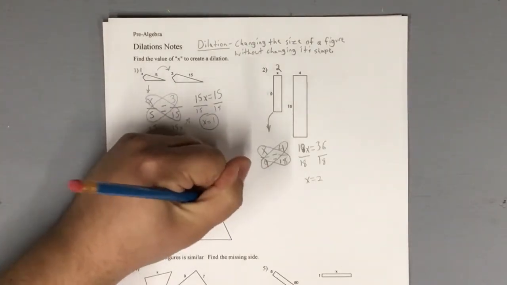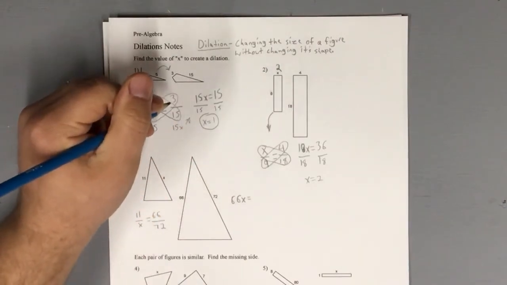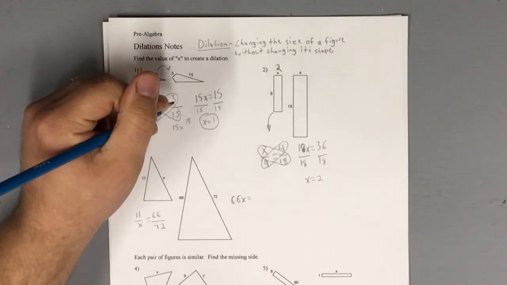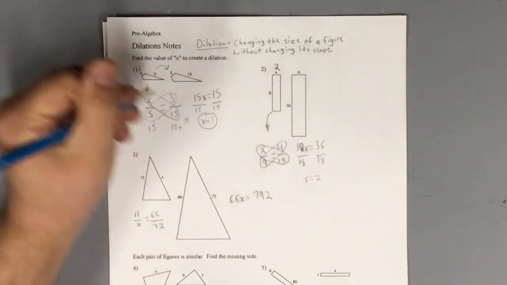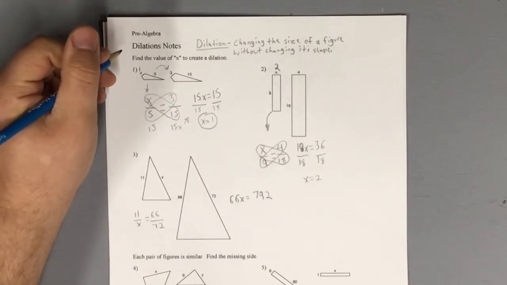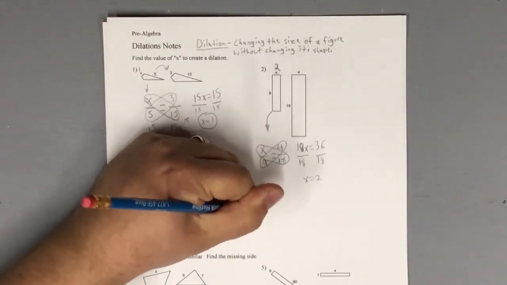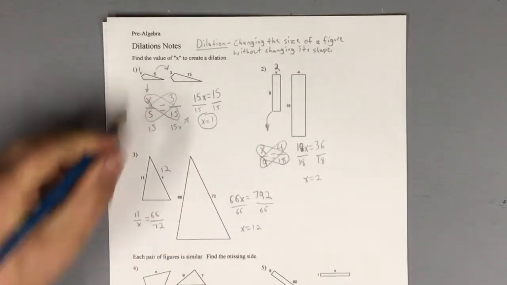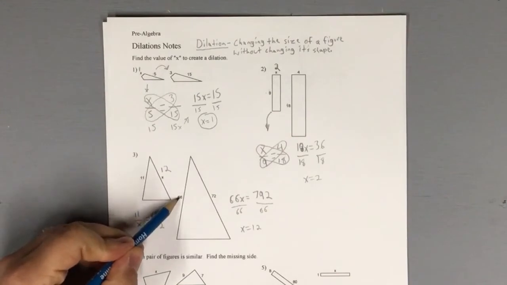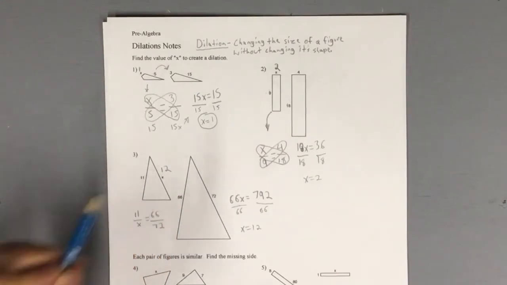I'm going to take out my calculator: 72 times 11 is equal to 792. When I divide that by 66, I get x is equal to 12. So this side is valued at 12. So if I'm going from 11 to 66 and I'm going from 12 to 72, this shape is getting 6 times bigger.